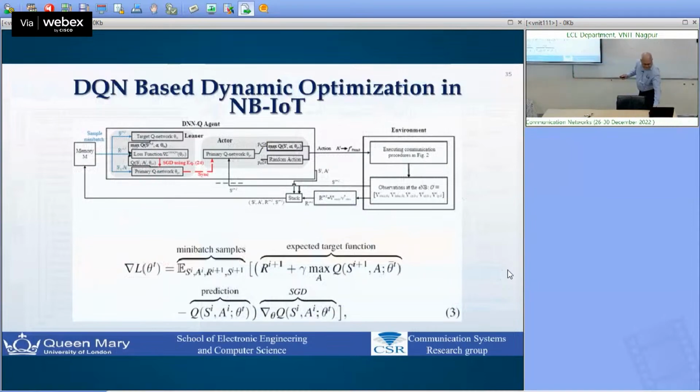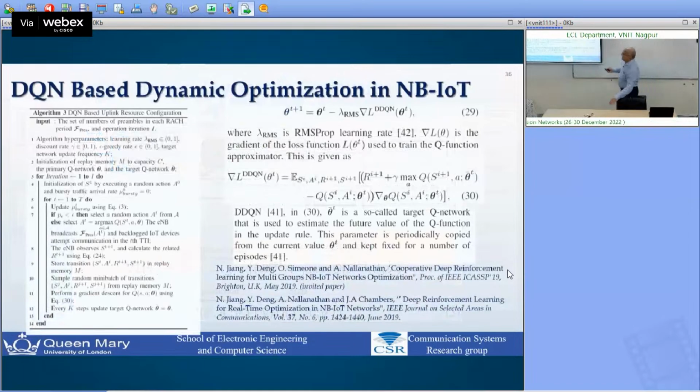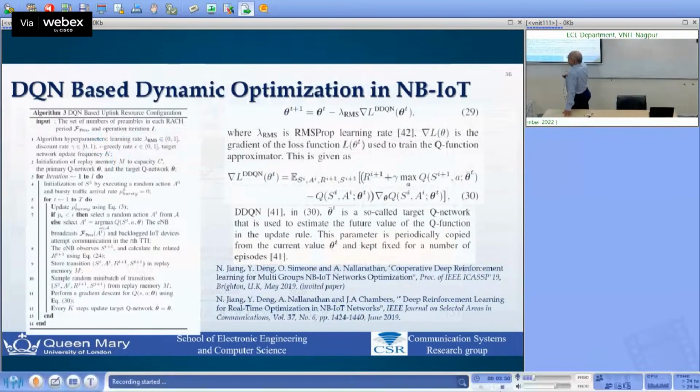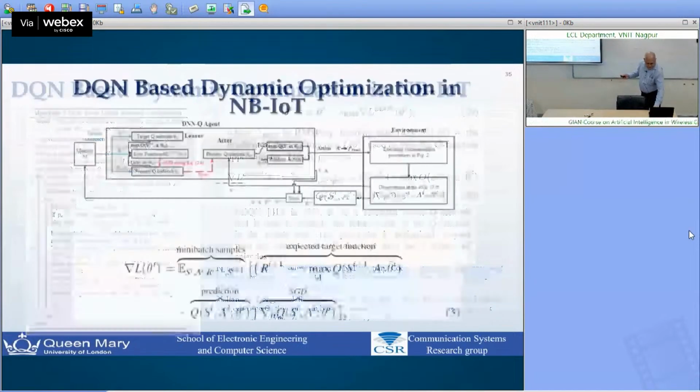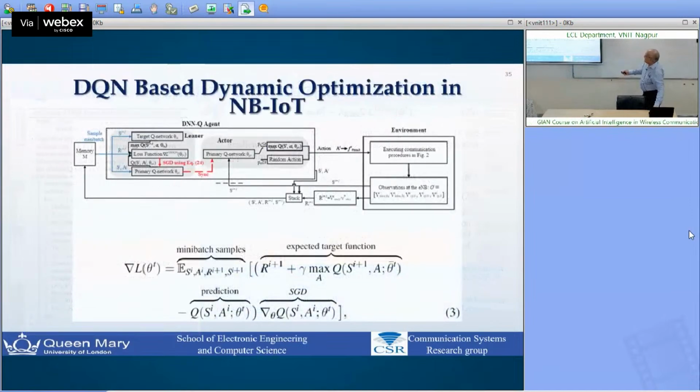So here you see the algorithm. Same thing as the earlier Q learning. Here we are going to have two Q networks. One is the primary, the other one is the target Q network. So in the target Q network, this is the target, this one.